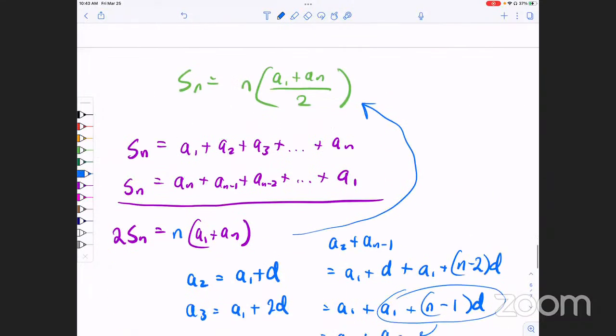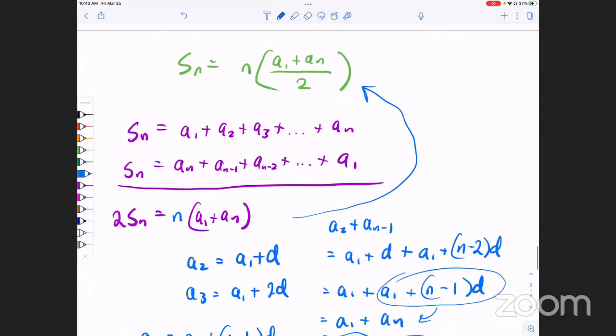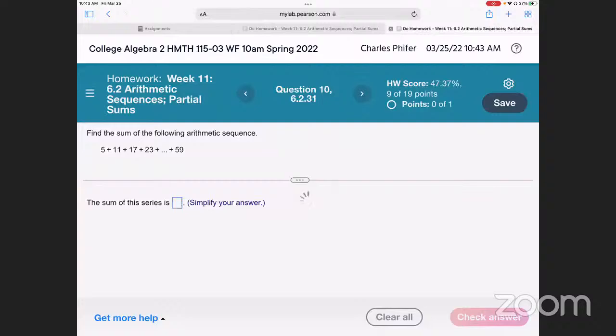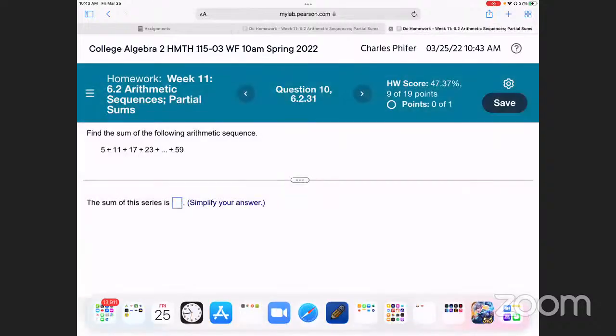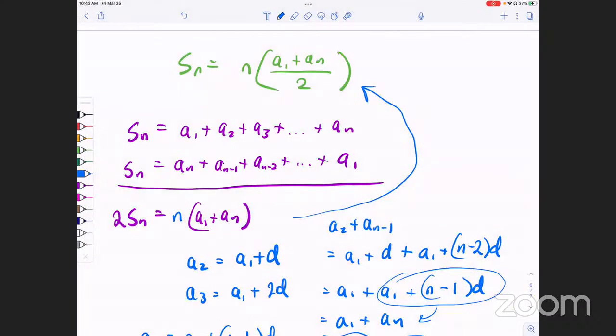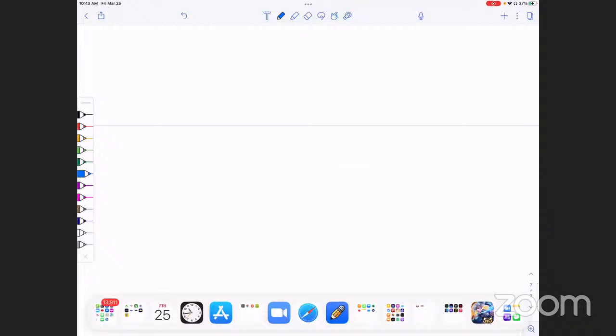Okay, so with that, I was just trying to get some context. I know that we're out of time. Let me hop back here real quickly. Find the sum. Did we get a screenshot of that? Okay. So let's just finish this last one. Find the sum of the following.